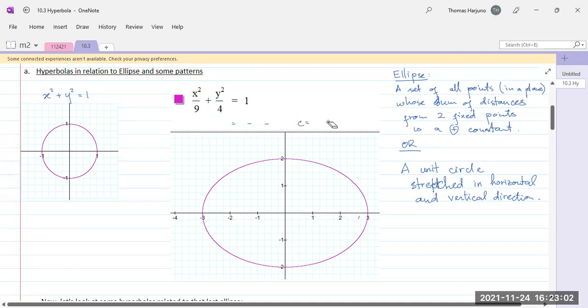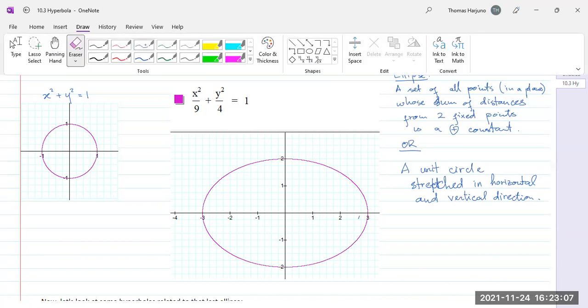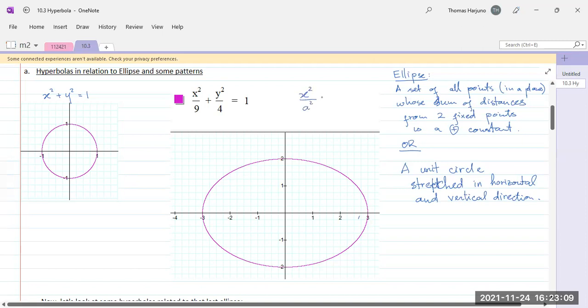Okay, but we see that an ellipse has a common pattern. The standard form is x squared over a squared plus y squared over b squared equals 1. If a squared is greater than b squared, then the major axis is parallel to the x-axis.